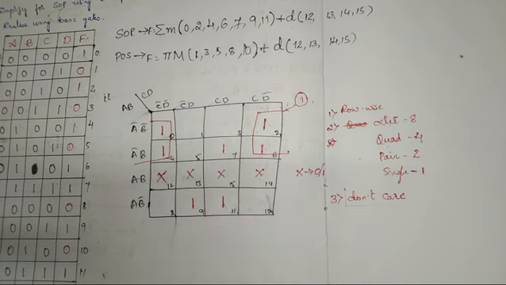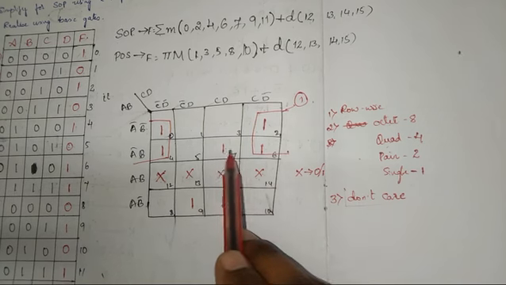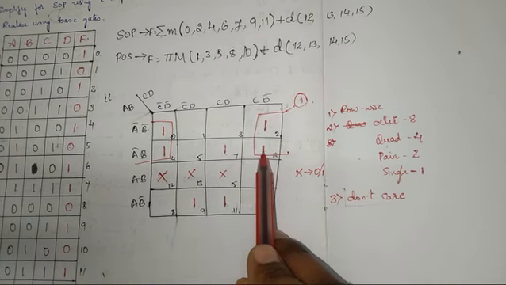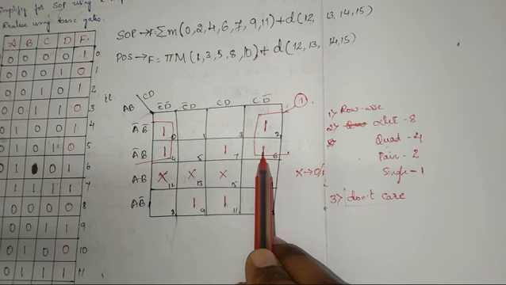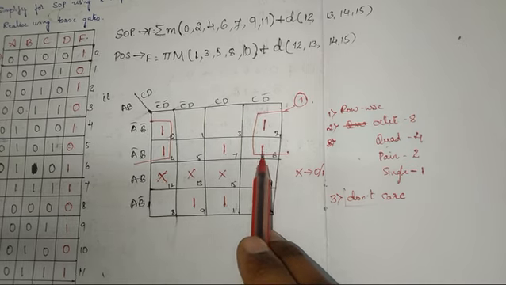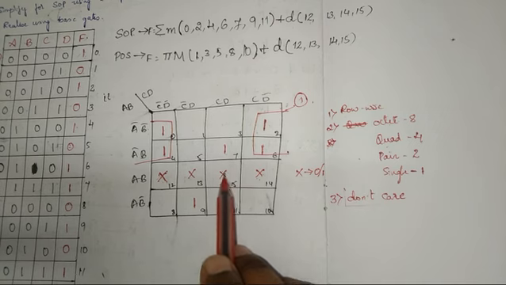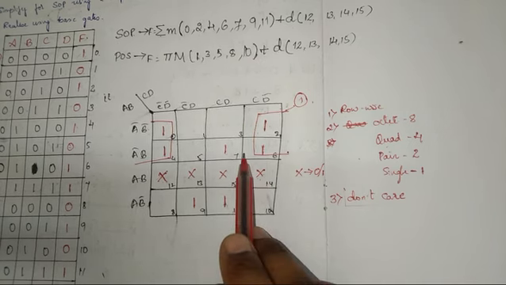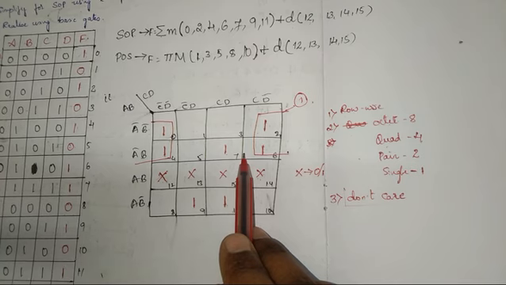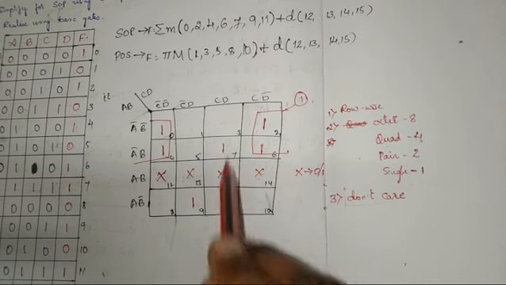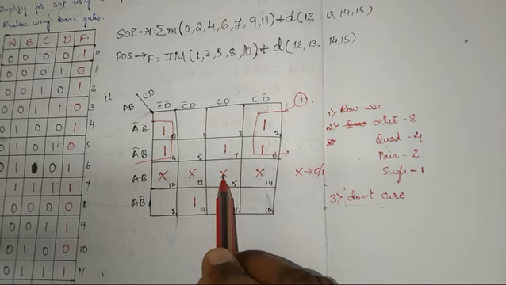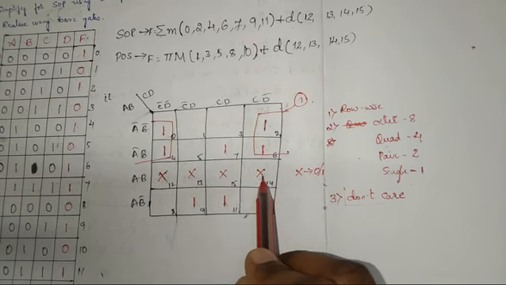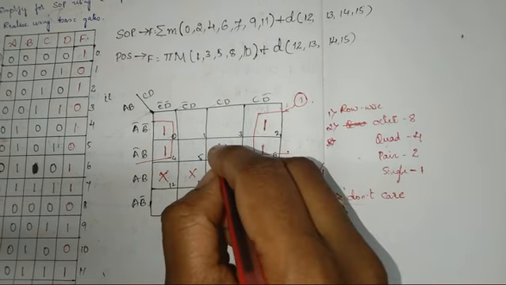If not, we just leave. So here 1, here 1. We should always go for grouping the maximum number of ones. So I'll ask these don't cares, the children, to come and make a group with this. So I'll consider this as 1 and this as 1. Fine, I'll make a group.